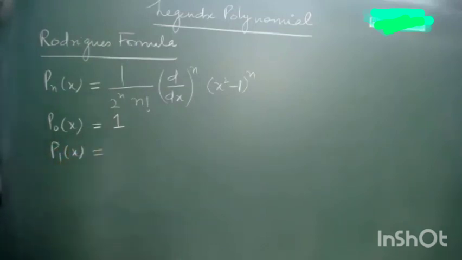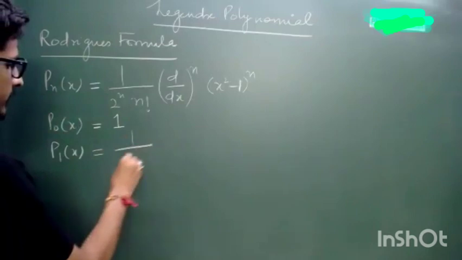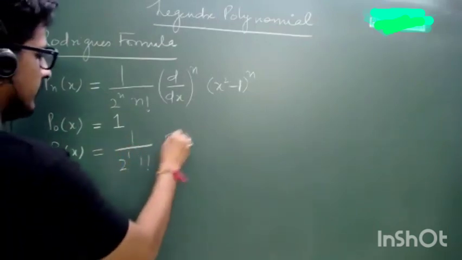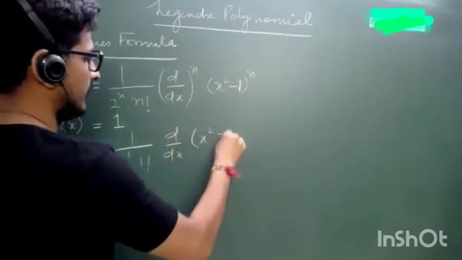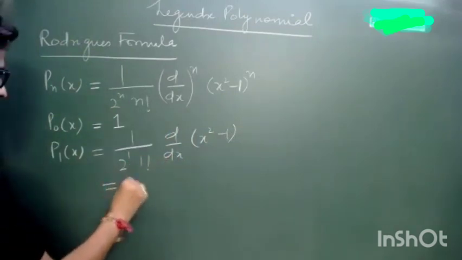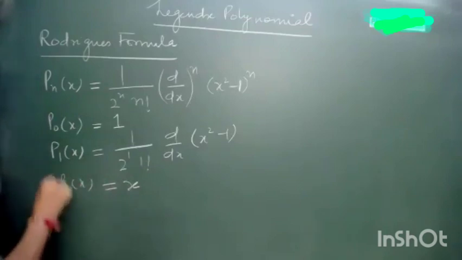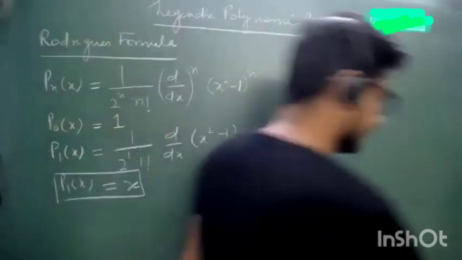If you write P1(x), it will become 1 upon 2 to the power 1 into 1 factorial, d by dx of x square minus 1. So if you write this, it will become x. So P1(x) is equal to x. So see, we have derived two polynomials, correct?